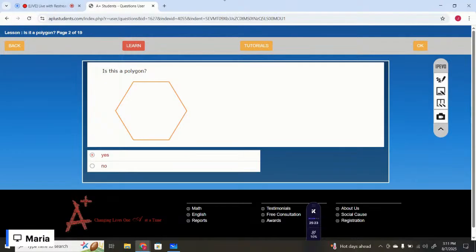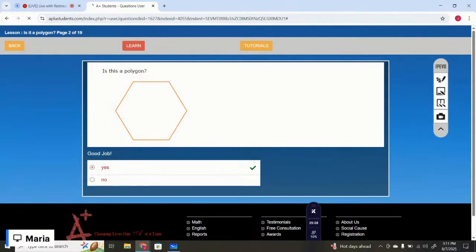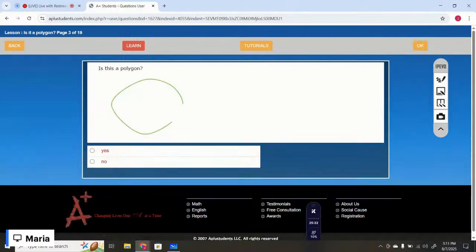Yes, it is a polygon. Option 1 is the correct option. Is this a polygon? No, that is not a polygon.